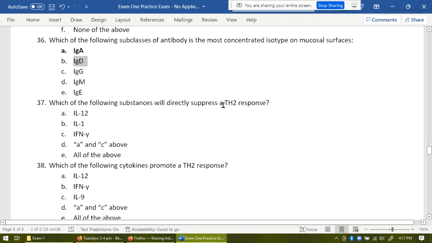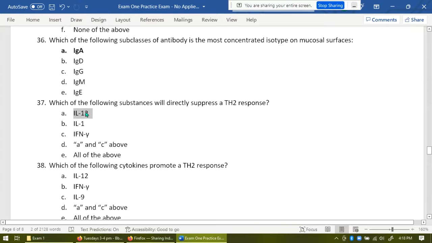Which of the following substances will directly suppress a Th2 response? Notice the wording here, directly suppress. IL-12 does not directly suppress a Th2 response. However, IL-12 will promote a Th1 response, and those Th1 cells are likely to make other cytokines that will directly suppress the Th2 response.